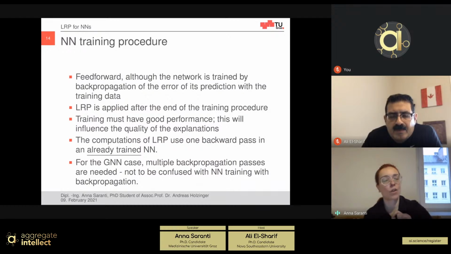This is something that's currently in development by the Technical University of Berlin. We will not go into this, but this is the only exception where multiple backpropagation passes exist. We will deal only with relevance backpropagation that happens once after the training.